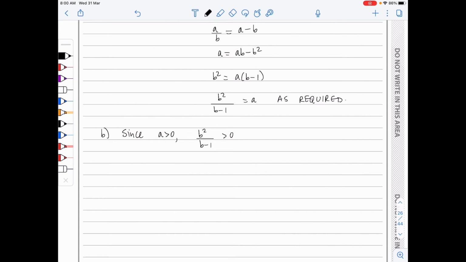And then since b squared is always positive, b minus 1 must be positive, so we want b to be greater than 1. So this is what we have here. We want b to be greater than 1 in order for a to attain a valid value.